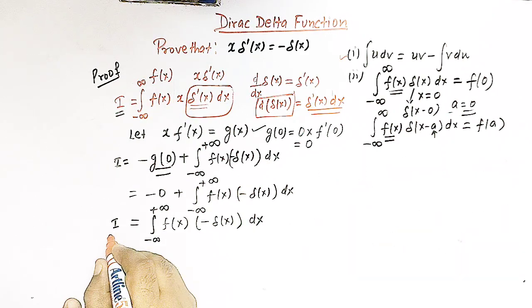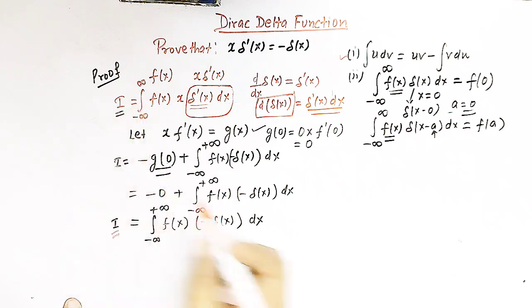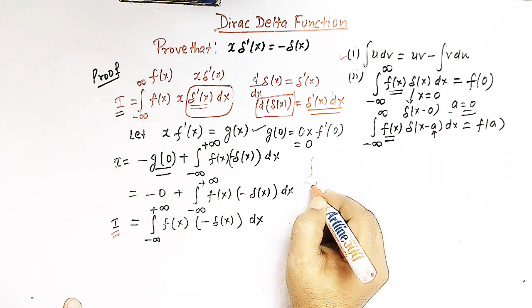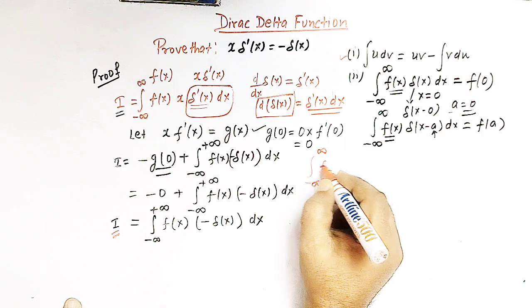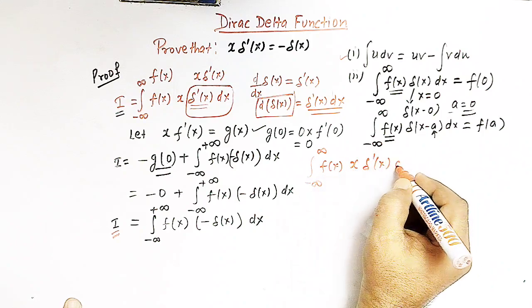In the beginning we assumed the integral I as the integral from minus infinity to infinity of f of x times x delta prime of x dx.